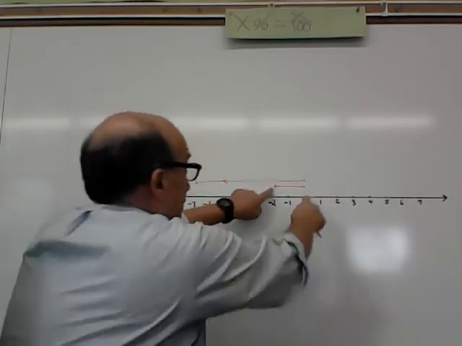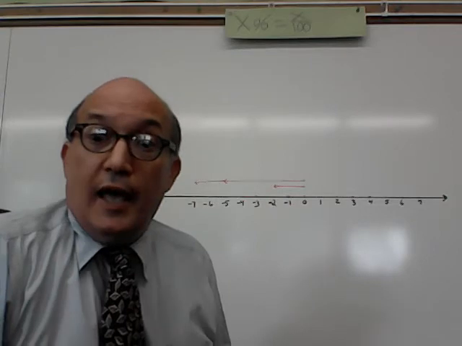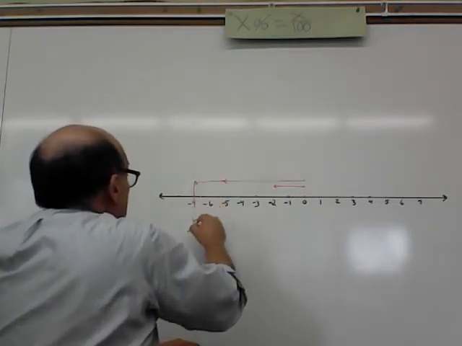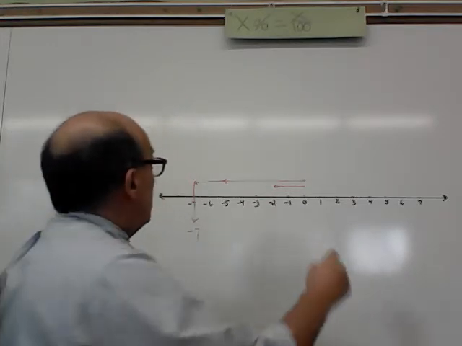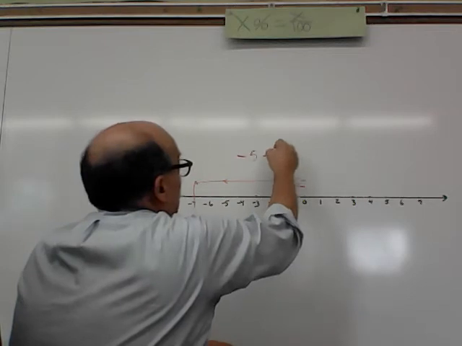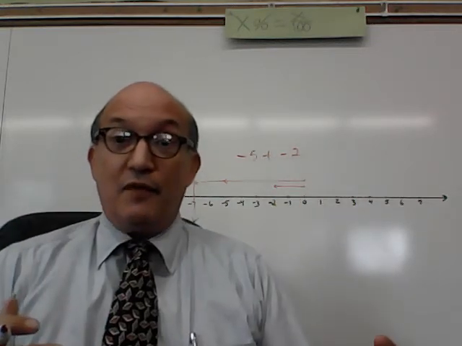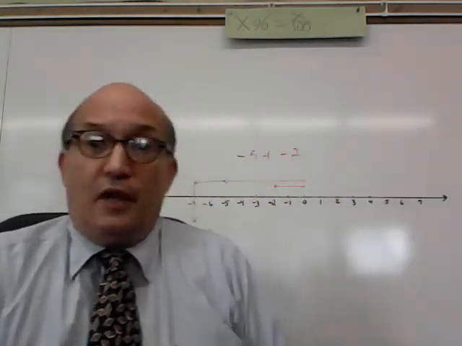It's going to have the same length as it did here. It's the same vector, it's just been moved, and so it ends up at negative 7. That becomes the answer. What we just did was negative 5 plus negative 2, and it ended up at negative 7, in the same way that 5 plus 2 ended up at positive 7.